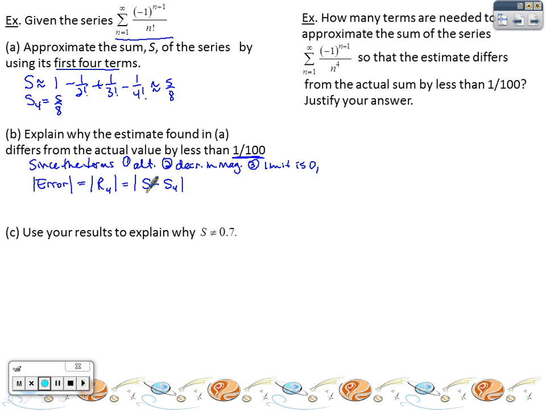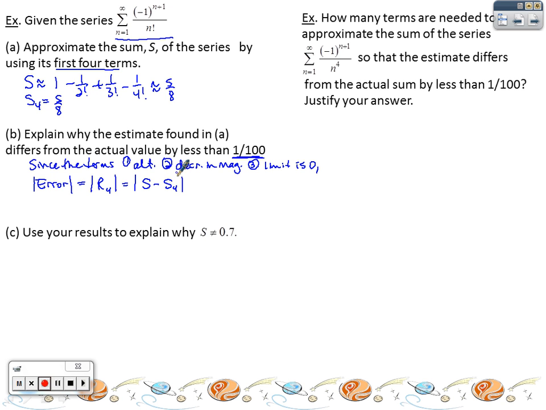S means that's the actual for real sum. S sub 4 is our attempt at our approximation of the sum. Now the reason that I'm writing these all up here is so that you're familiar with the way that you would see it. You certainly don't have to write them all up there like that. I just want you to see all of these expressions mean the same thing.